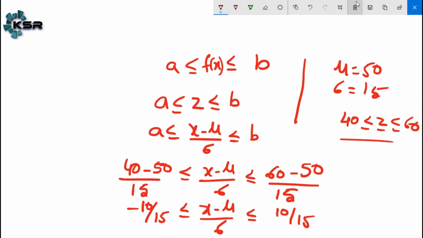That implies minus 2 by 3 less than or equal to (x minus mu) by sigma, that is nothing but z, less than or equal to 2 by 3. Is everyone clear? Minus 2 by 3 less than or equal to z less than or equal to 2 by 3.